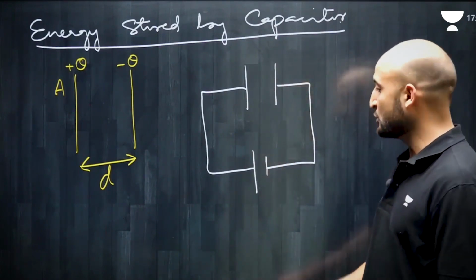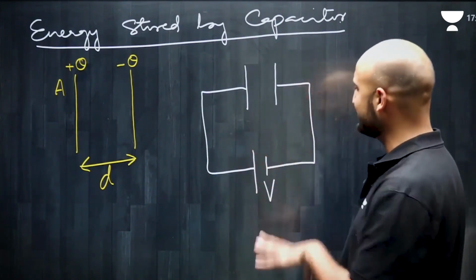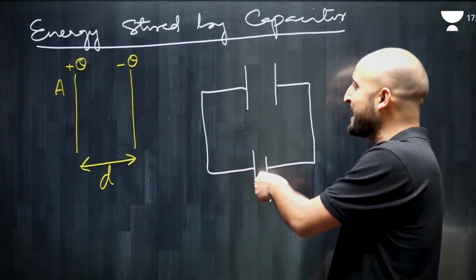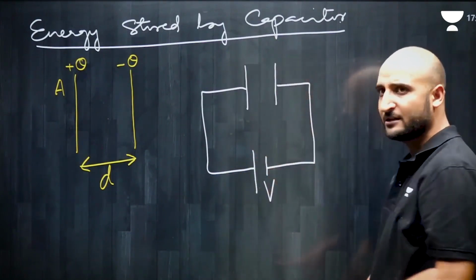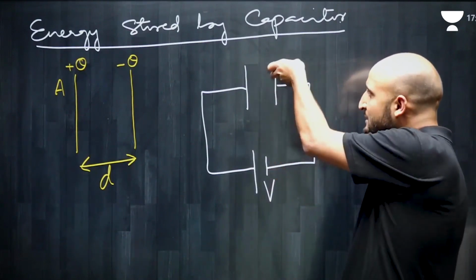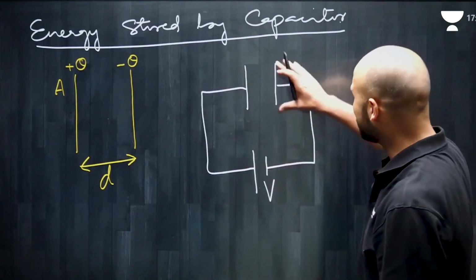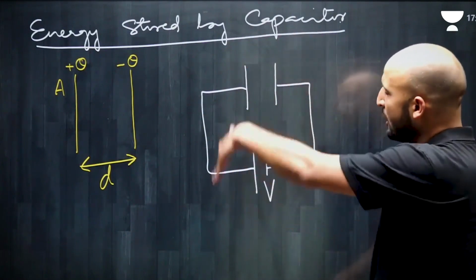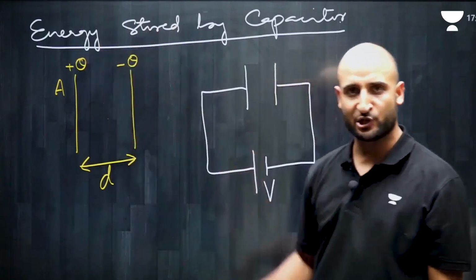Let's assume that the potential of the battery is V. Since this positive plate is connected to the positive terminal of the battery, and the negative terminal of the battery is connected to this plate, in a crude way, this battery sucks the charge from this plate and gives it to this plate, which means it sucks the positive charge from this plate and gives it to this plate. And the process goes on till the capacitor is fully charged. It gets a charge of plus Q.